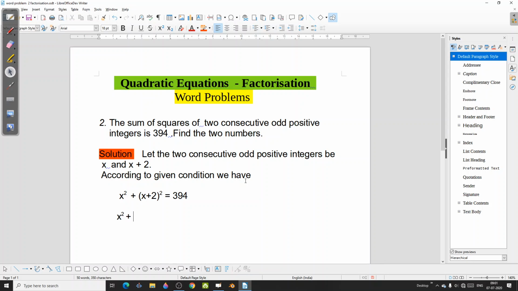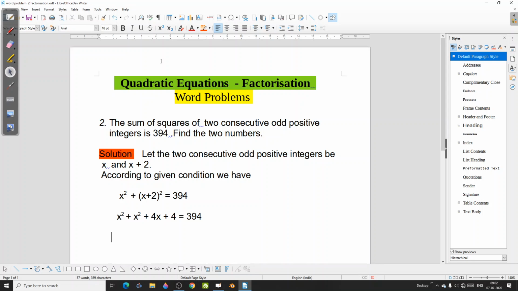So x plus 2 whole square will give on expansion x square plus 4x plus 4, that is equal to 394.